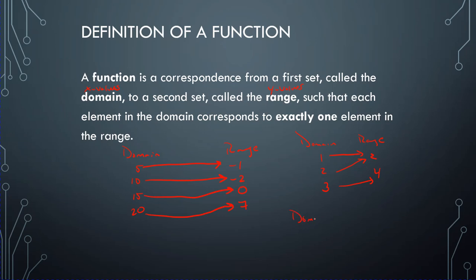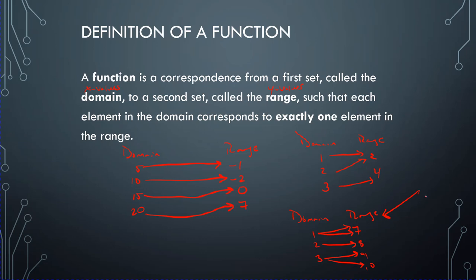This would be something that's not a function. Something where 1 points to both 1 and 7, and 3 points to both 9 and 10 here. So notice how the one value, the x, points to two different y values.